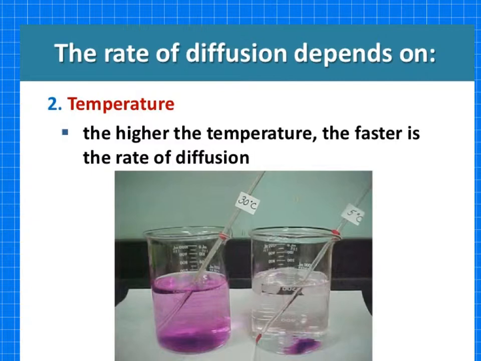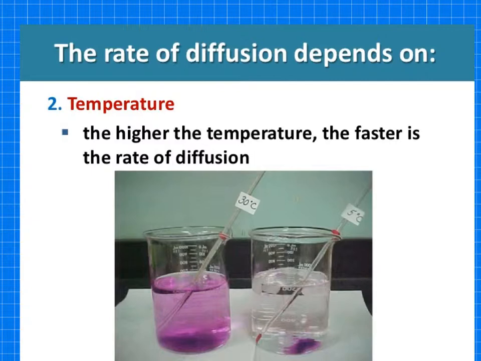The second factor is temperature. This shows a simple experiment where potassium permanganate has been placed in beakers with different temperatures of water. As you can see, in the 30 degree beaker, the potassium permanganate has diffused through the water quicker than at 5 degrees.